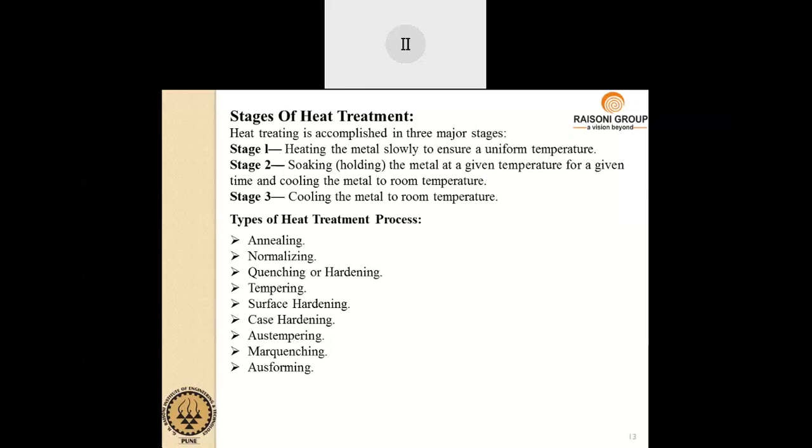After heating to a high temperature, it suddenly cools down to an intermediate temperature, and after that we allow the material to soak at that intermediate temperature and cool down. Depending on properties and temperature, further classifications are also given.